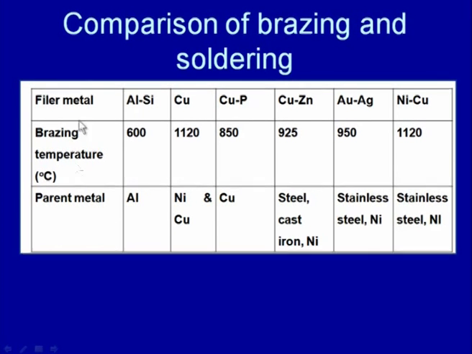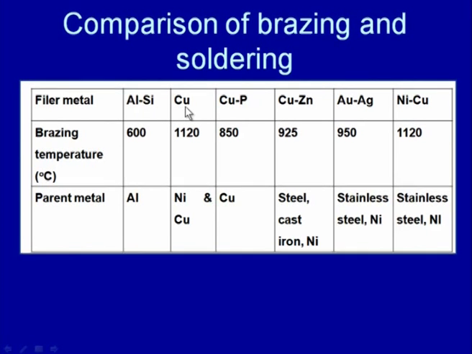Now, if we see the different filler metals and the base metals for which they can be used: for brazing, the filler material aluminum silicon has a brazing temperature of 600 degrees centigrade for parent material like aluminum.